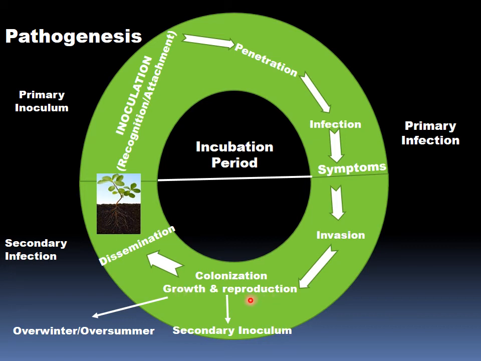So new kinds of spores and cells or eggs are produced, which are quite similar to the primary inoculum which initiated the disease. The primary inoculum ended in the primary infection.